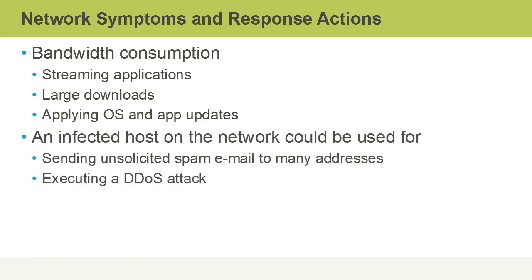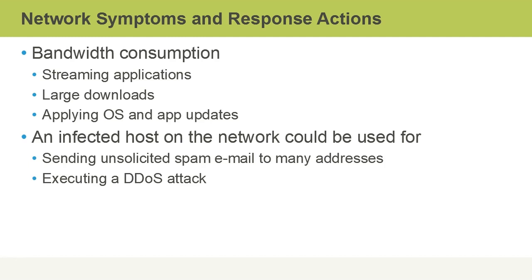An infected host on the network could also be used for sending unsolicited spam email to many email addresses elsewhere. Or there could even be abnormal peer-to-peer communications over the network, and this could be indicative of a worm type of malware that self-propagates over the network between vulnerable hosts. So that would show up as bandwidth consumption on your network if your hosts are infected and being used that way.